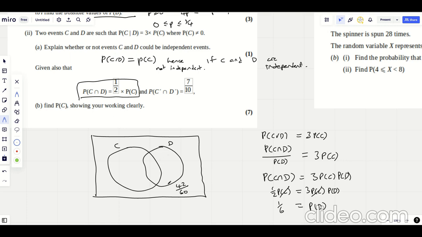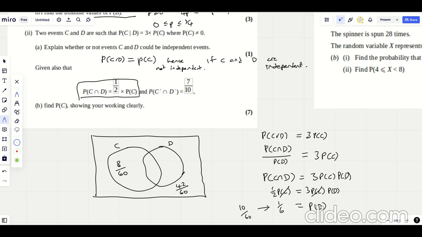And we know all of this circle is 1/6, which is of course 10/60ths. If we add 1/6, 10/60ths, and 42/60ths, that adds up to 52/60ths, and therefore this is 8/60ths just here.